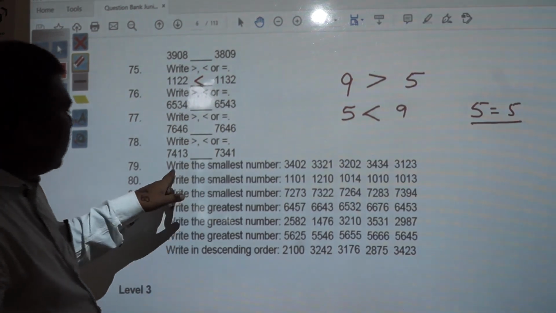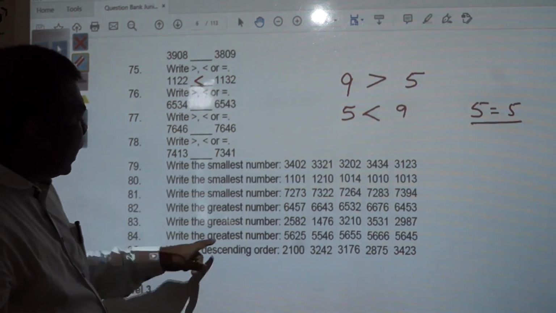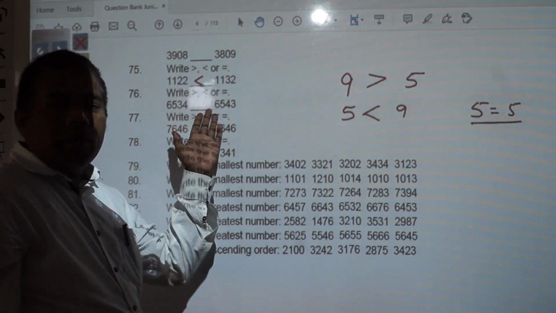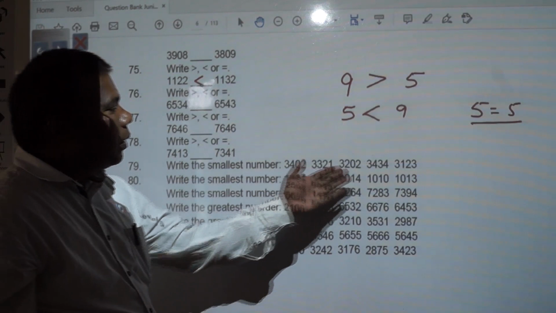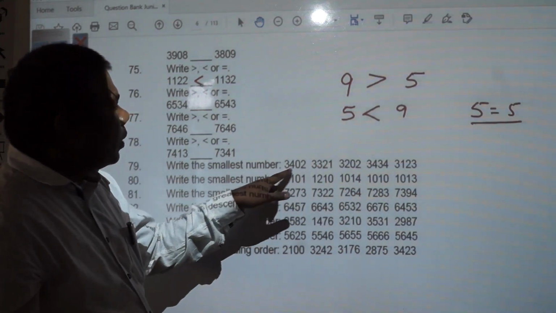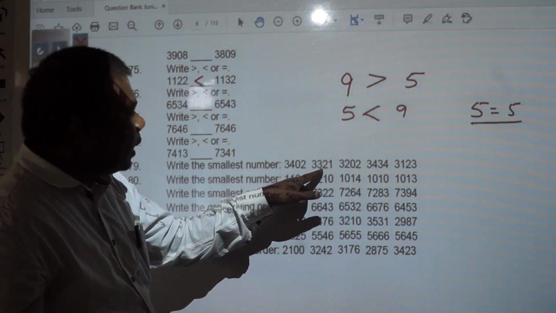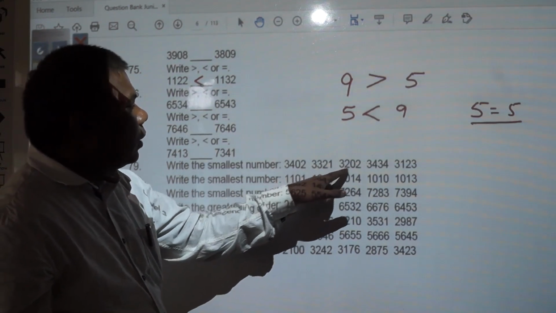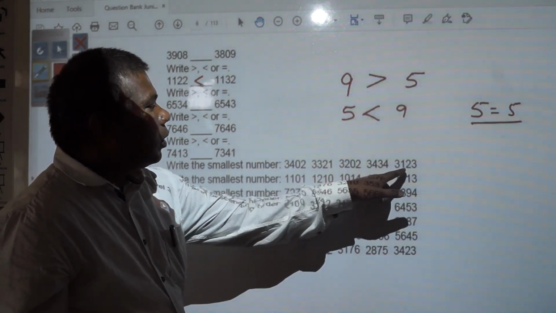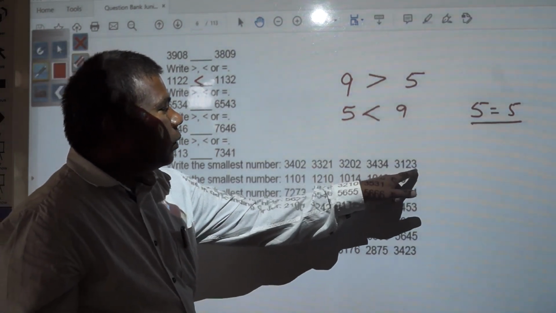Then you have to write the smallest number and greatest number. If you know which one is greater and which one is smaller, easily you can find out which one is smallest. Here you see 3402, 3321, 3202, 3434, 3123.